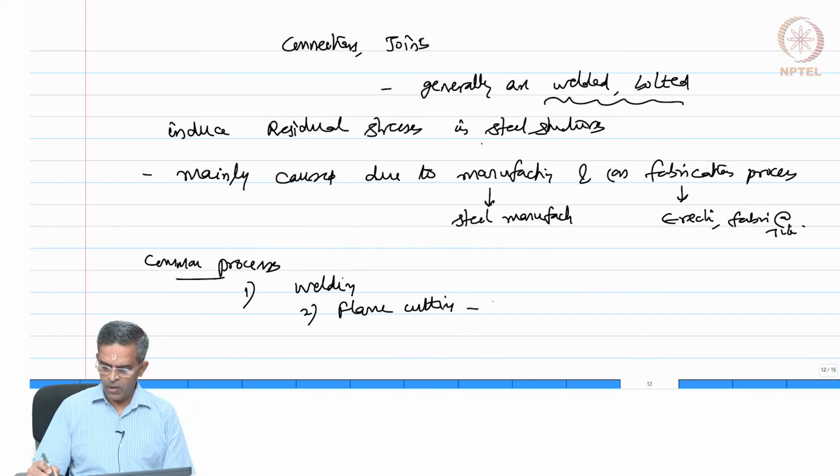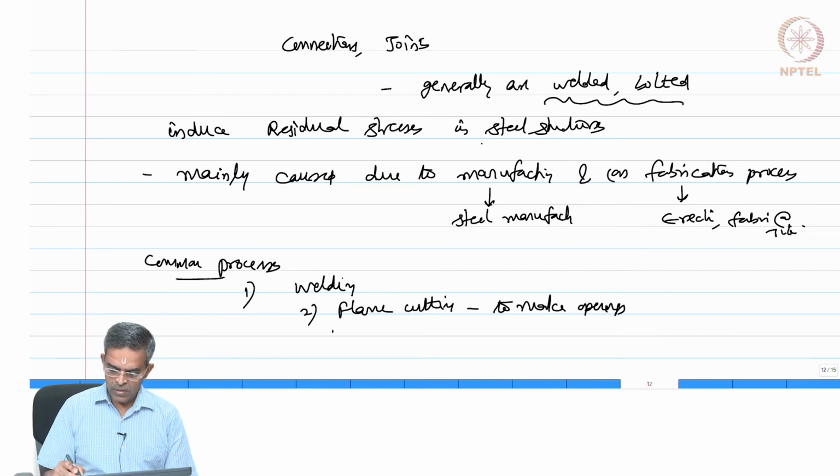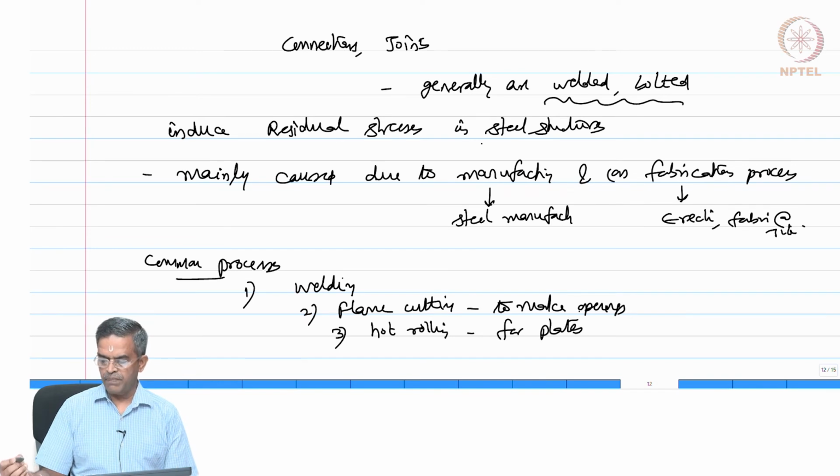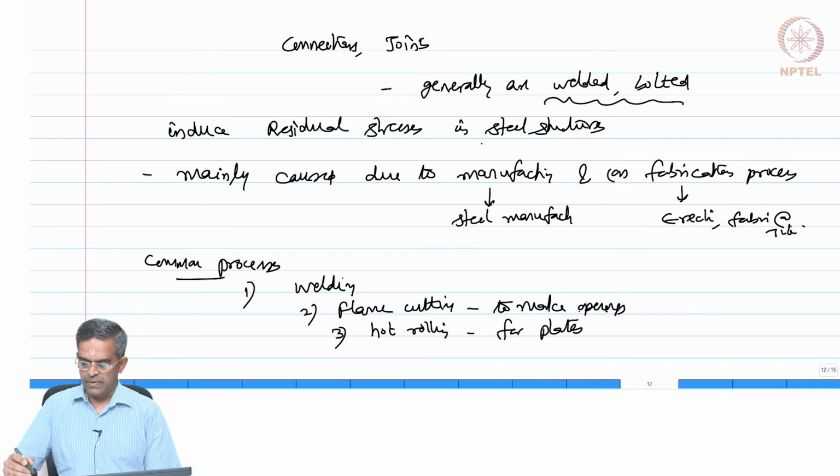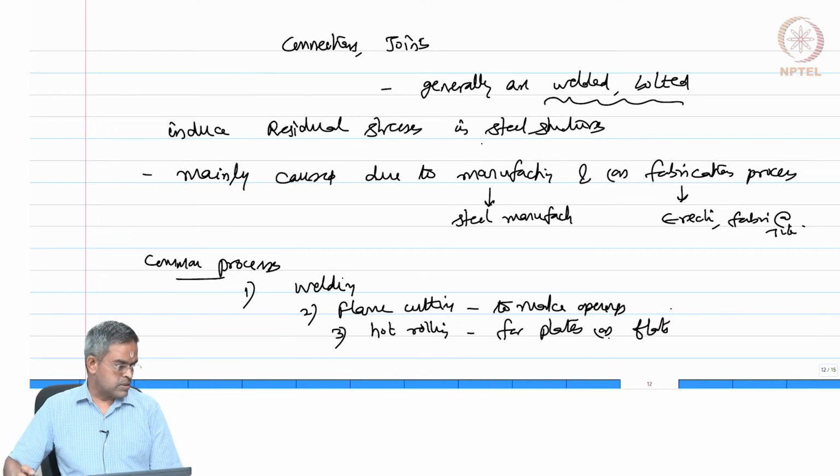This is a proper process used to make openings. 3. Hot rolling. This is a manufacturing process. This is generally used for manufacturing plates or flats. Okay. So, they introduce residual stresses.